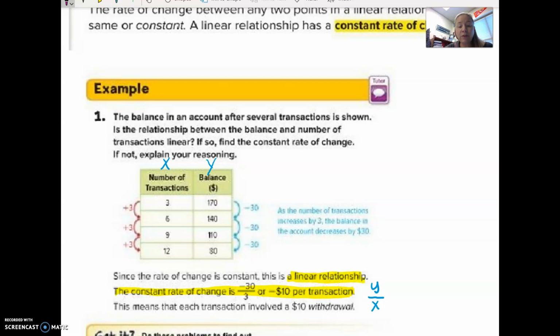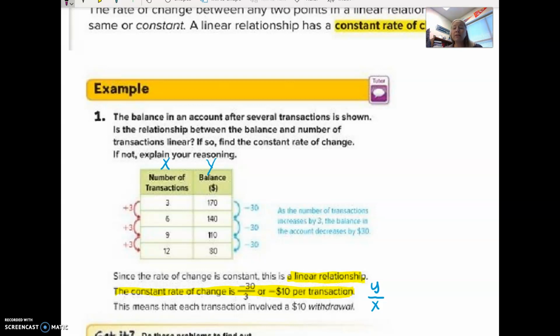The constant rate of change can also be written as the change in y over the change in x. So in this case, it's going to be -30 over 3, which can be simplified to -10. So this means that in this particular case, each transaction involved has a $10 withdrawal, a -$10 value.